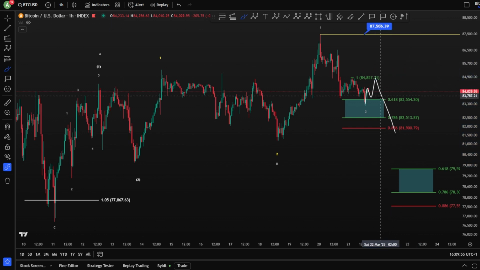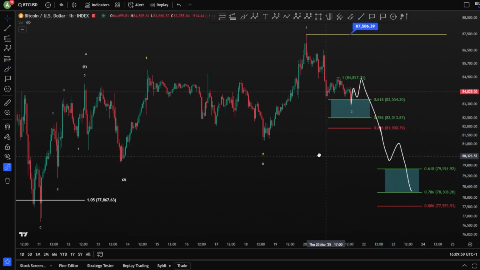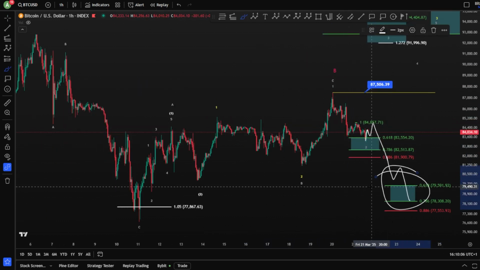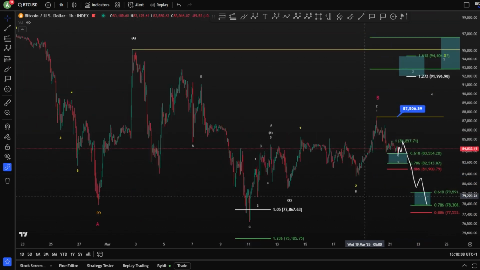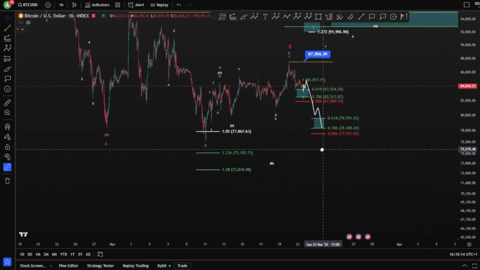If it is a wave 2 as well, it's possible even to hit a little bit lower, even 0.786. Both case scenarios will lead us to test this area again, as a wave 1, ABC for wave 2, knowing the time is very huge, but still possible.